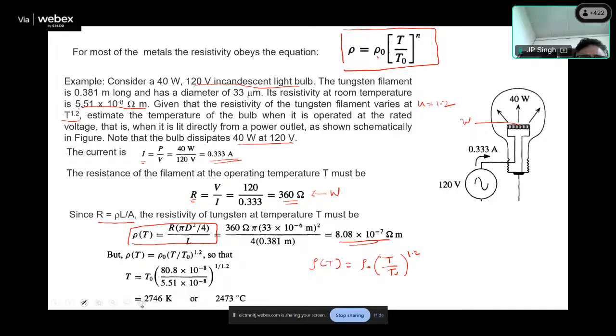You just input the values and you can figure out the temperature T, which is the temperature of the tungsten element. So this is the general equation, where n depends on the different types of material also.